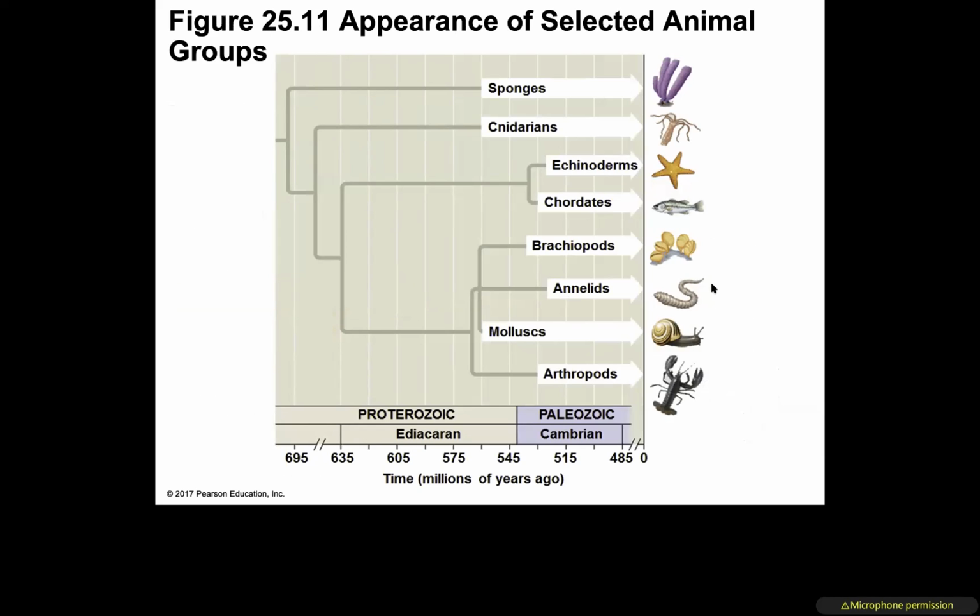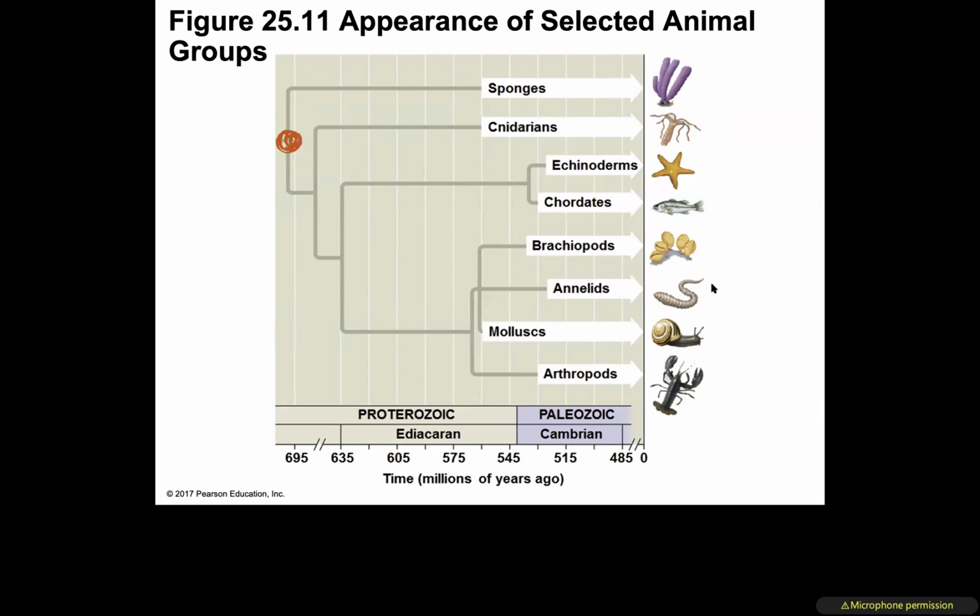As you look here, this is a nice little clade that takes you to the diversification of animals. This is going to be the common ancestor right around here. That's where the split of lineage went.